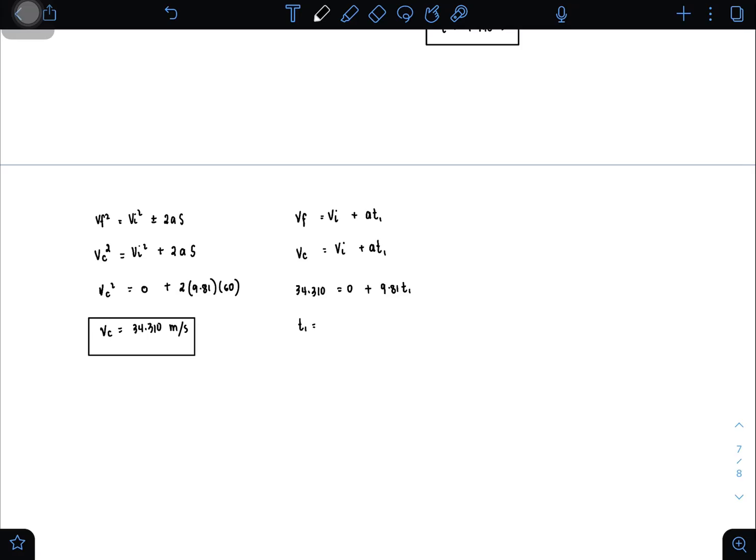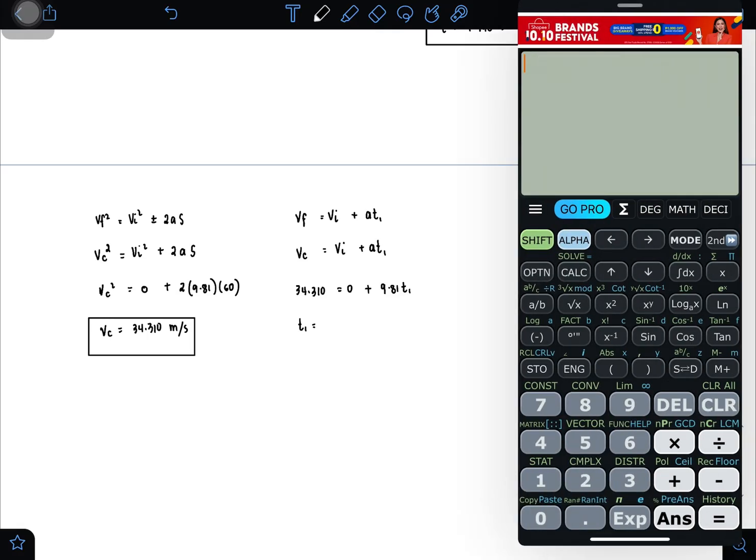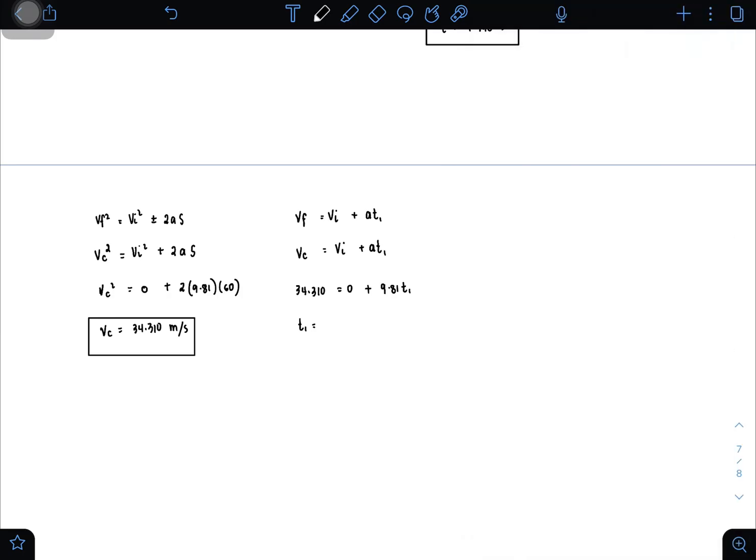So the time 1, or the time at 60 meters midway, is 34.310 divided by 9.81. That's 3.497 seconds.